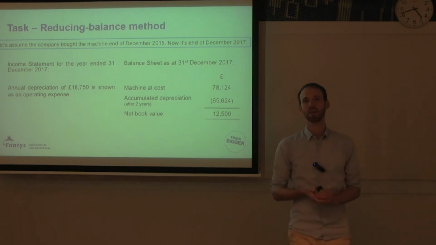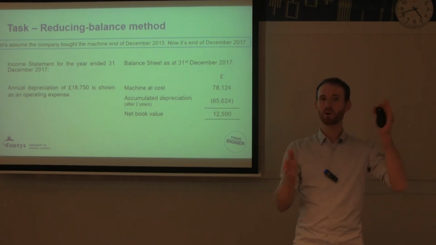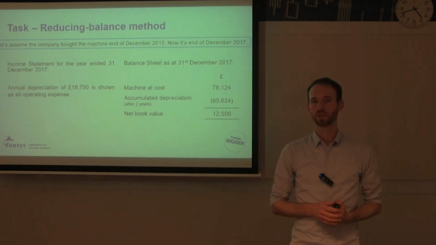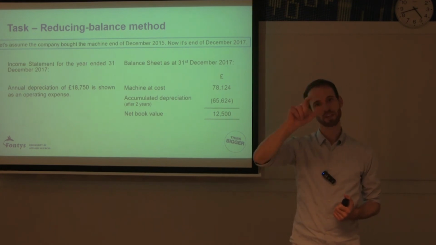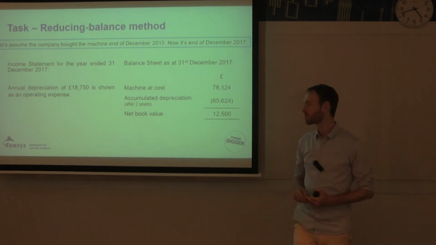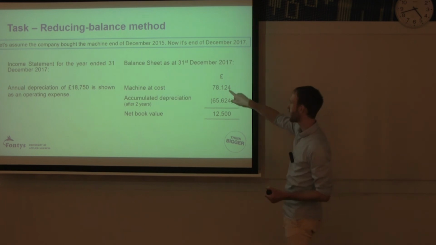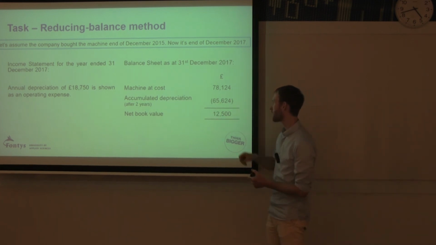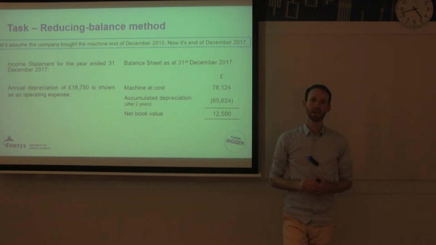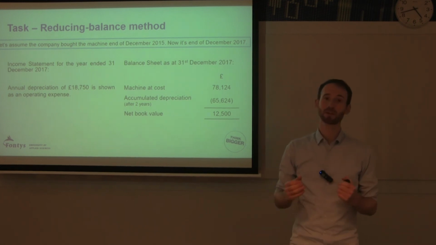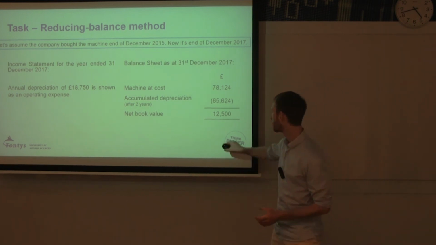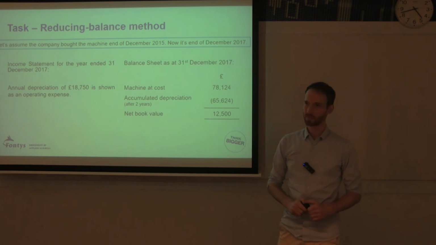So if you look at the straight line method, it's equal, but with the reducing balance method, first of all we have more depreciation and then it gets smaller and smaller. So we see after year 2 here we still have 12,500 as a net book value of the asset. So that's how much the asset is worth after 2 years of using it.